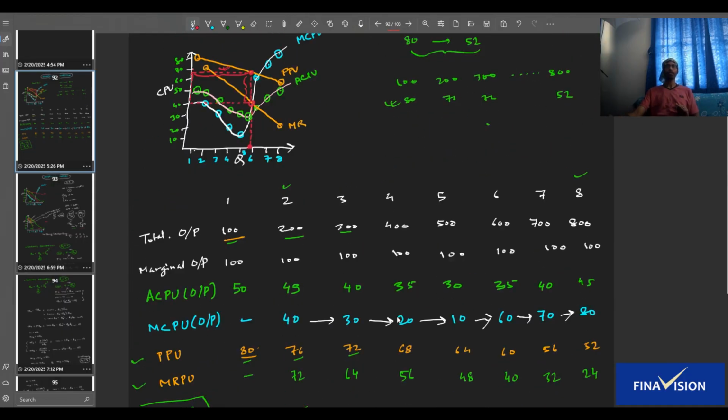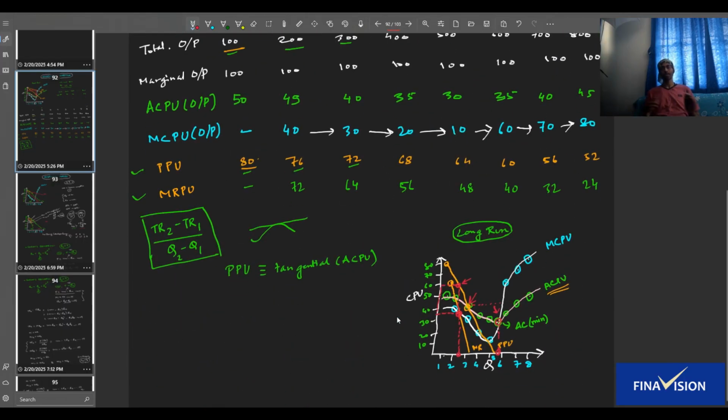So now we have understood the long run and short run marginal revenue and price curves for a firm operating in monopolistic competition. Now what we need to do is take the next market condition, which is oligopoly, and try to find out what are the pricing, revenue and cost dynamics for a firm operating in that condition.